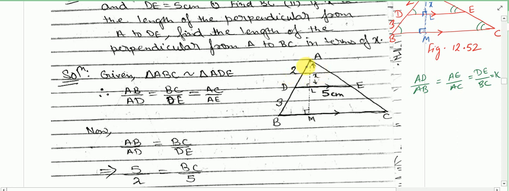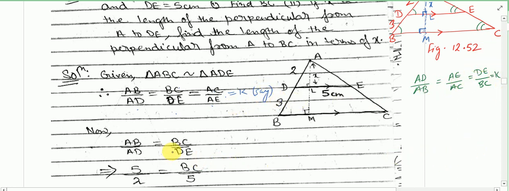Corresponding to AB is AD, so AB upon AD. Here in the numerator I am taking sides of ABC first. Corresponding to BC is DE, that's why BC upon DE. Corresponding to AC is AE. So I got these corresponding sides. If you want to write K, you can write it.